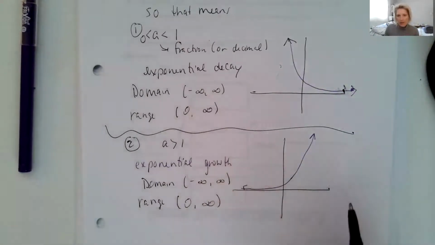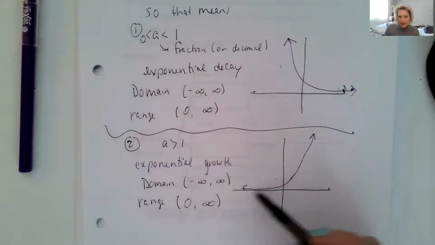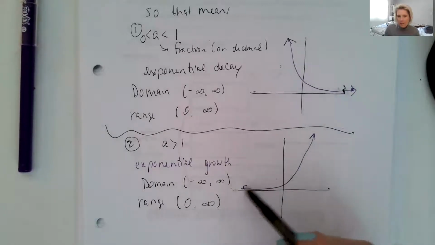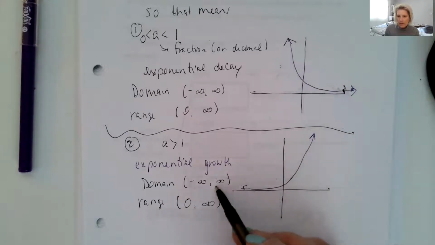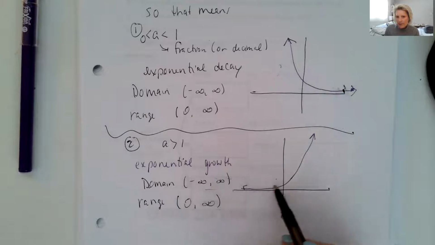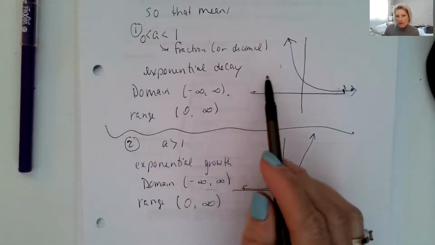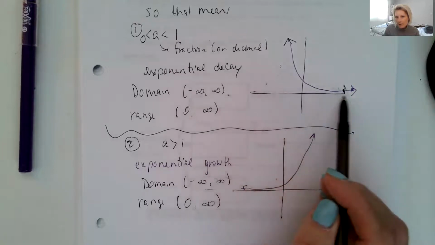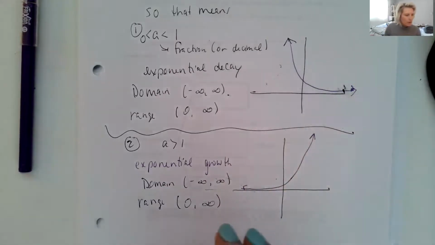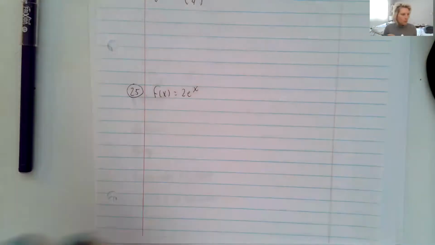It's just coming from the other direction. As x approaches from the left, from negative infinity, it's getting much, much bigger, but on the decay, as x approaches from the left, it's getting smaller. So let's go back and look at a few from our book here.